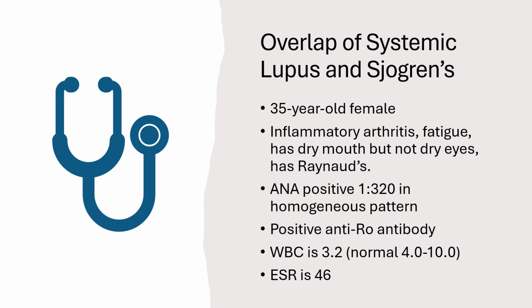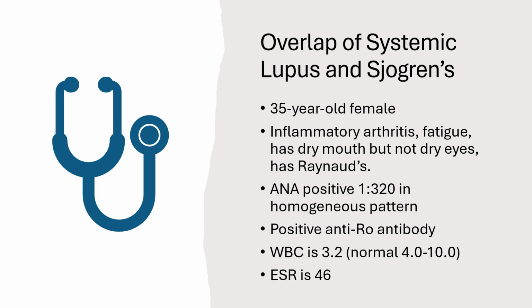If you have a 35-year-old female who has an inflammatory arthritis, fatigue, a dry mouth but not dry eyes, and has Raynaud's, these are symptoms that could be present in either patient. We know that the dry mouth is more common in Sjogren's, and we know that the Raynaud's is more common in lupus. So we have features that could fit in either diagnosis.